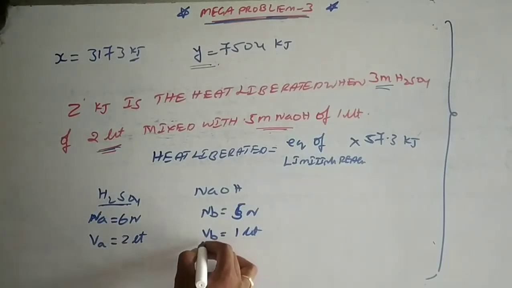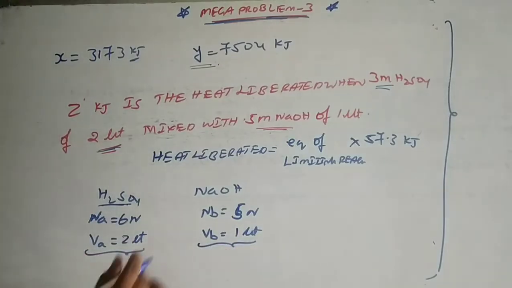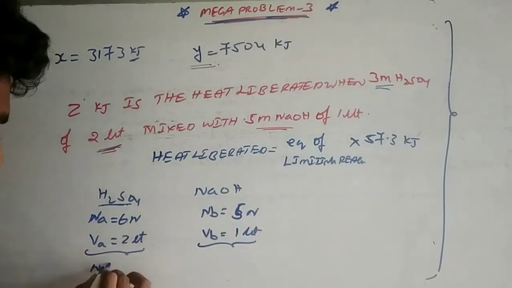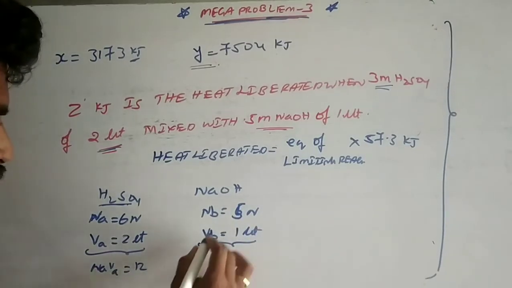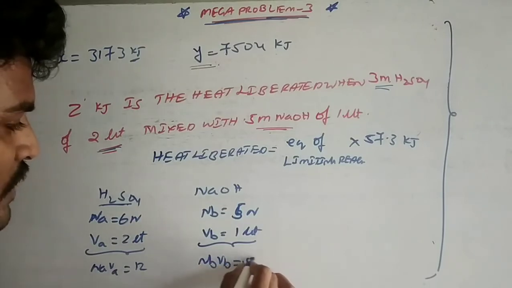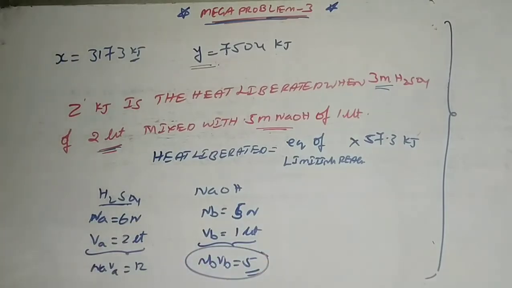Always remember, when you are finding equivalents, you have to use normalities only. So NaVa equals 12, NbVb equals 5. This is the limiting reagent.